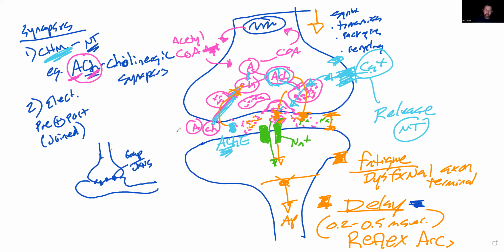And when you have this sort of setup, you're directly communicating and passing that electrical stimulus, and you are also avoiding the delay. So one way to get around synaptic delay is to have this electrical or direct coupling.